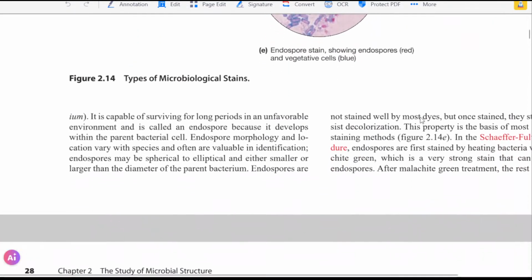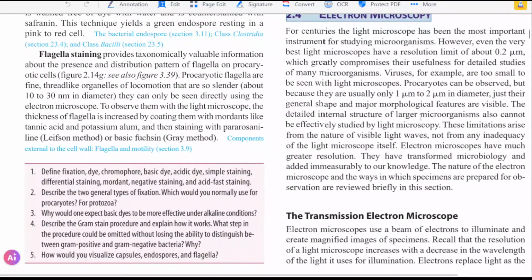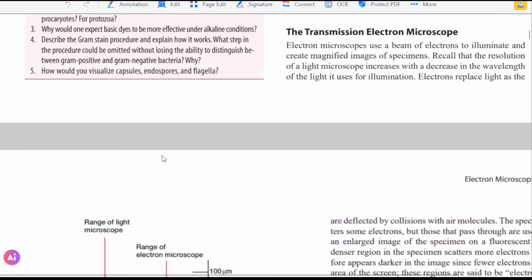Prokaryotic cells have many types and numbers of flagella. They can be on both sides, on one side, or covering the whole cell.